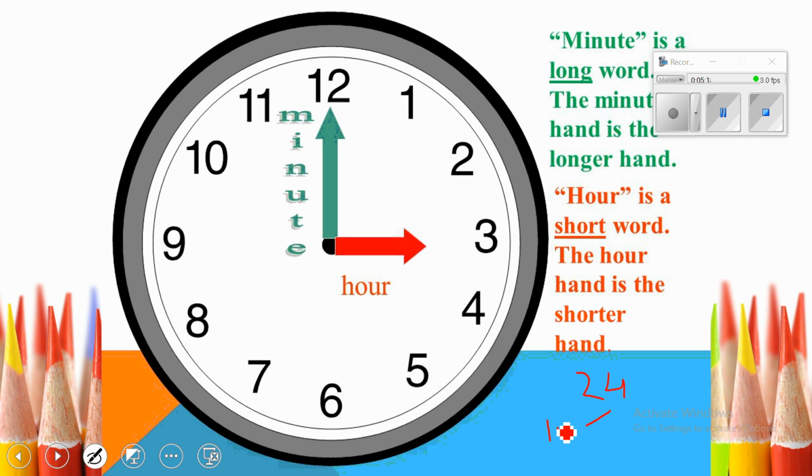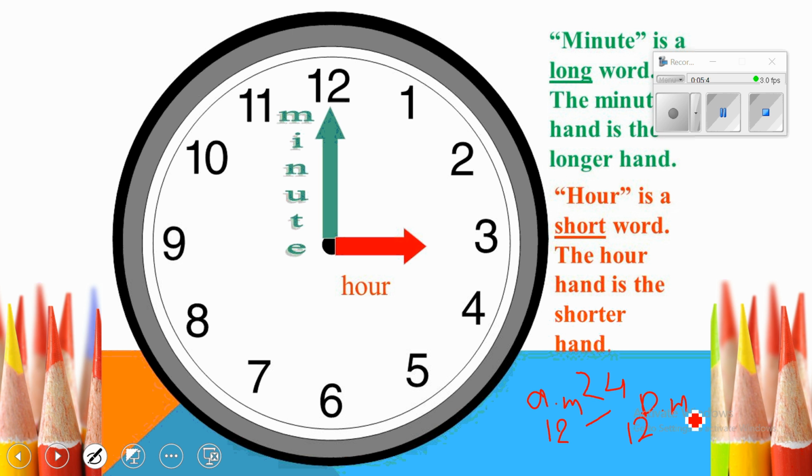12 of the hours are AM and 12 are PM. AM means when you sleep at midnight, when it's 12 at midnight, the AM starts.